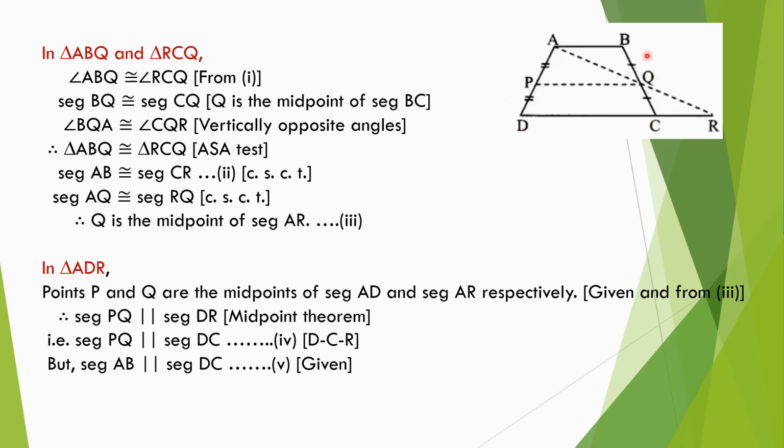And from equation 4 and 5, that is equation 4 is segment PQ parallel to segment DC and segment AB parallel to segment DC. Therefore, segment PQ parallel to segment AB.